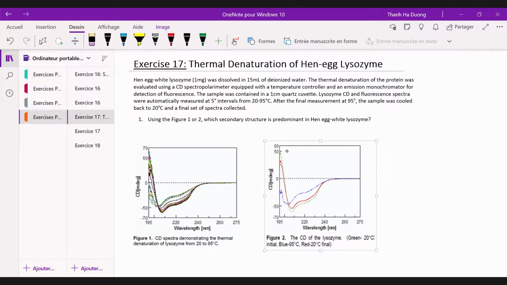Using these two figures, which secondary structure is predominant in this protein, the egg white lysozyme? Alpha helix. Yes, because you have two minima around 200 nanometers. It means you have alpha helix.